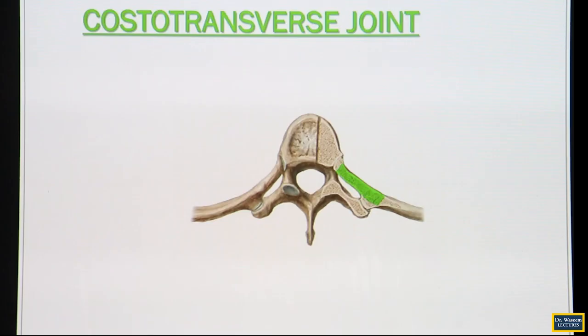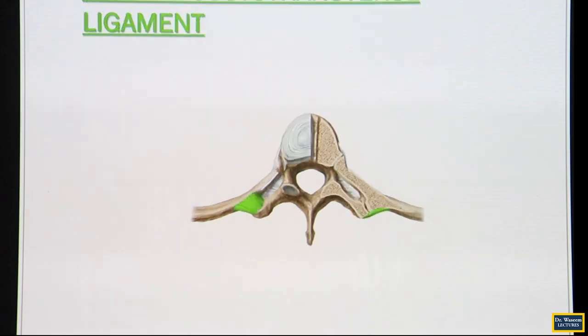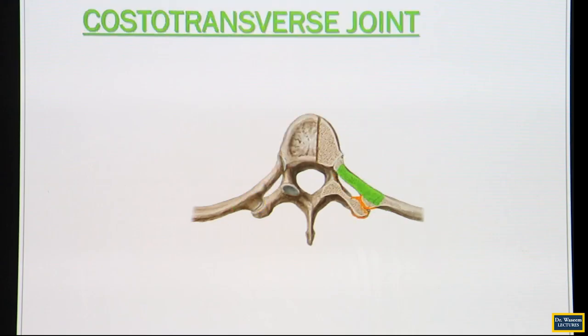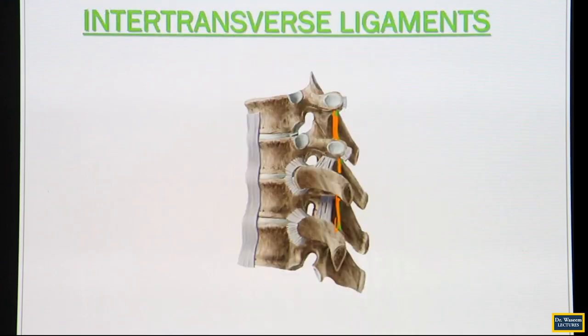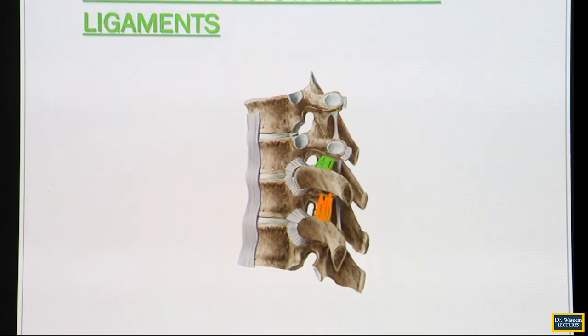This is the costotransverse ligament, the costotransverse joint which has been shown again here, this one. And you have seen here, this is also the lateral costotransverse ligament. We have the superior costotransverse ligament also, you have seen previously here, and then we have the intertransverse ligament. This is the superior costotransverse ligament.